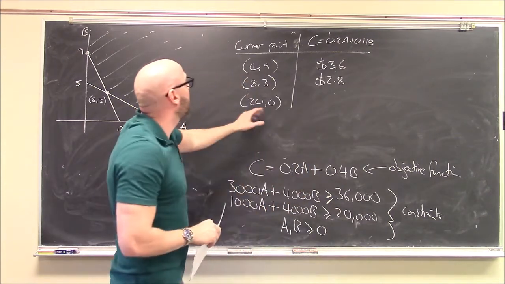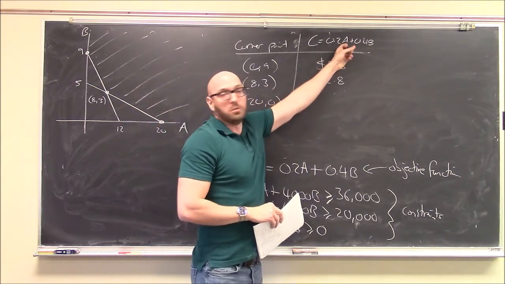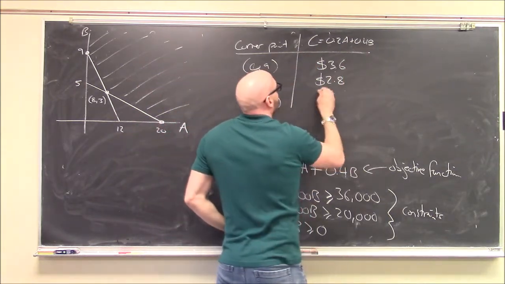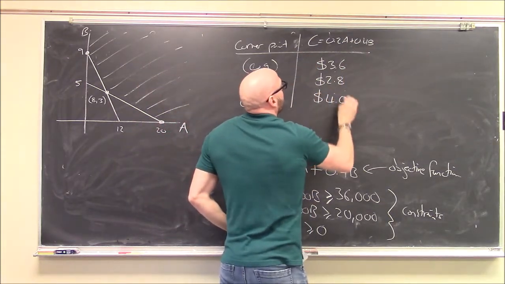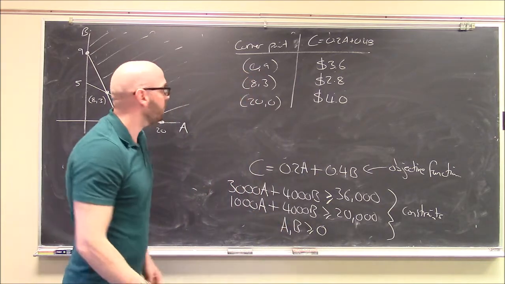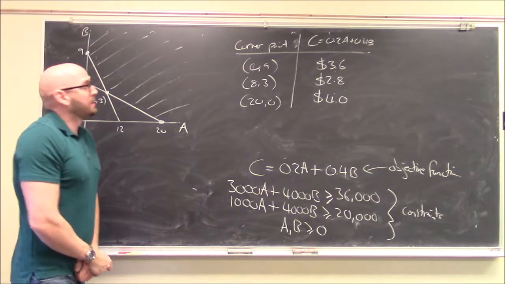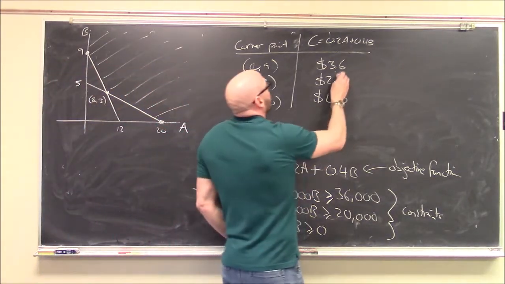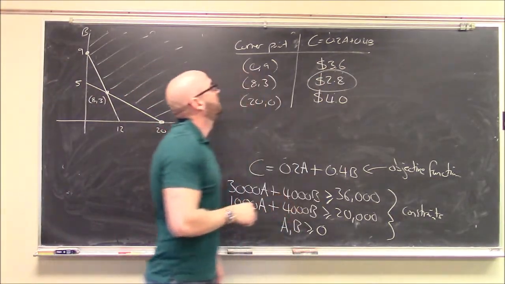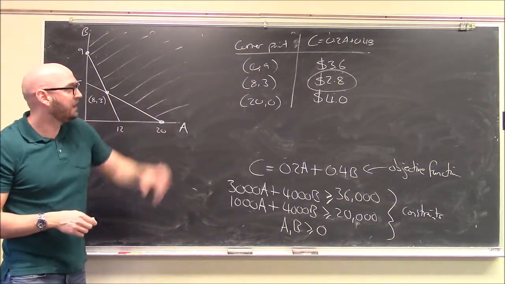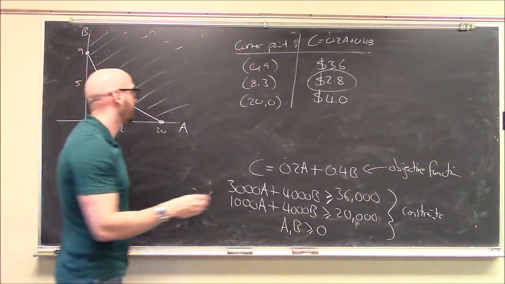And plugging in 20 and 0, 0.2 times 20 is 4 plus 0 is $4. So the mix that gives us the minimum cost is 8 pounds of mix A, 3 pounds of mix B for $2.8 a day.